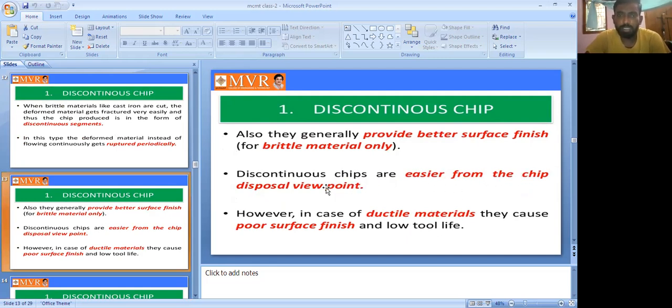However, in the case of ductile material, they cause poor surface finishing and low tool life. For example, when we use a ductile material in discontinuous chip formation, it causes poor surface finishing and low tool life.